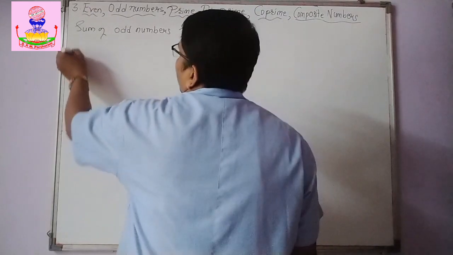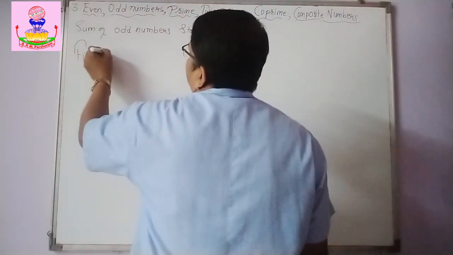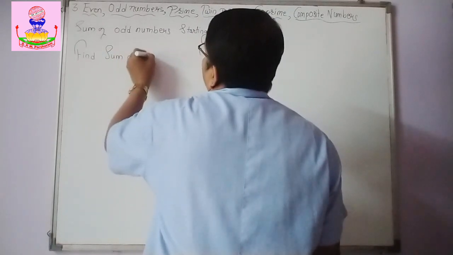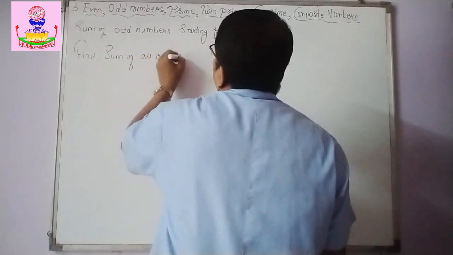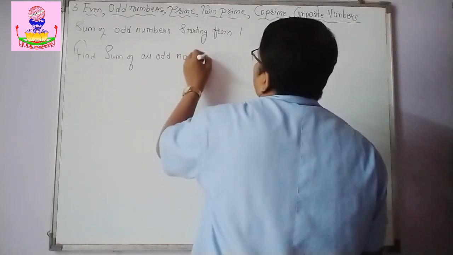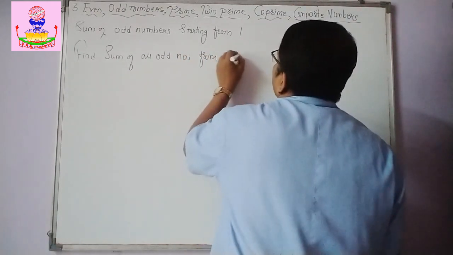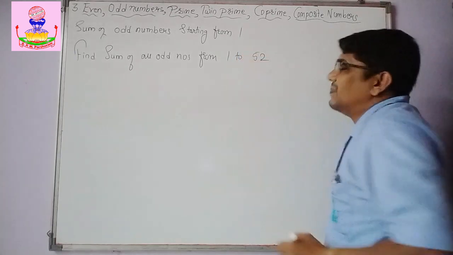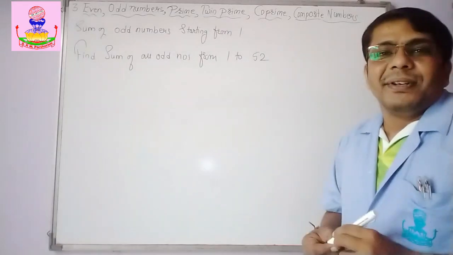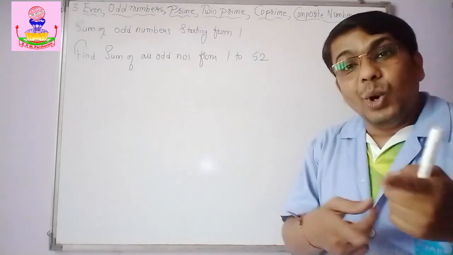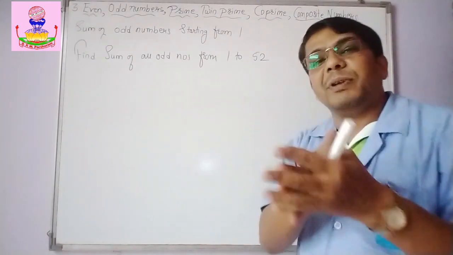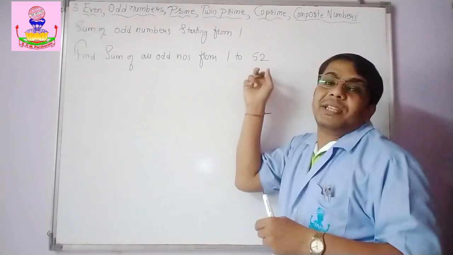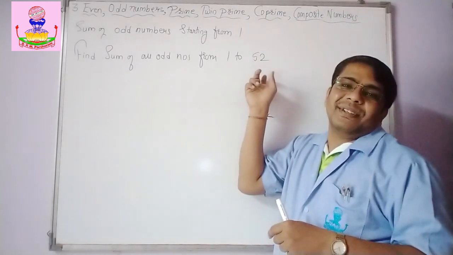For example, find the sum of all odd numbers from 1 to 52. Is 52 an odd number? No. So which is the odd number before it? 51. That means I have to find the sum till 51.